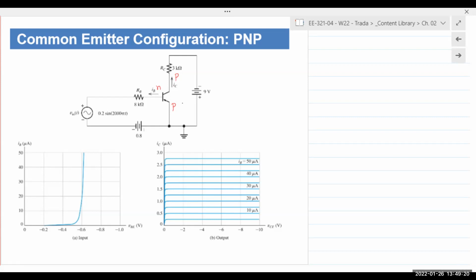Characteristics are now plotted in the other quadrant because if we take a reference measurement VBE, you measure the voltage at the base with the emitter as your reference, VBE. B is going to be negative, and emitter is going to be positive. You still have a forward bias diode, but because our reference is B, it's going to show you a negative number right there.